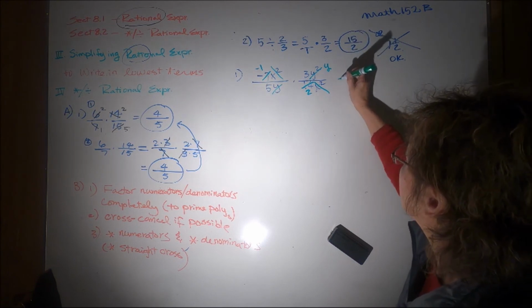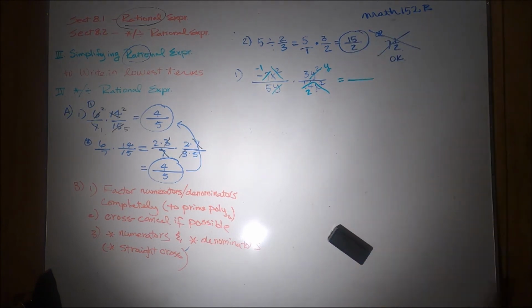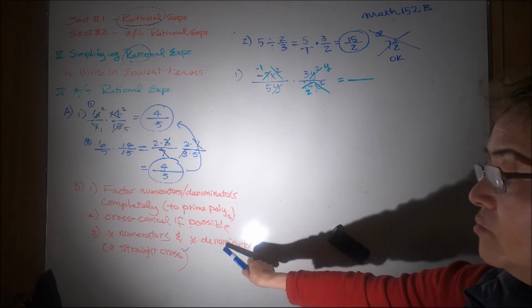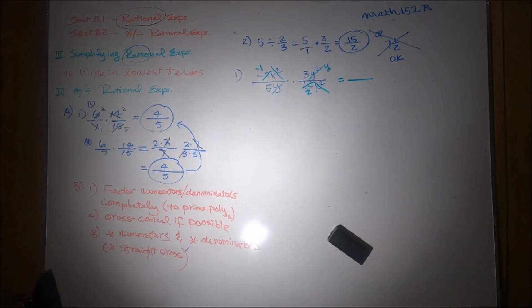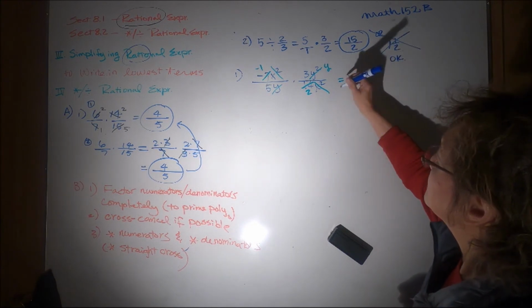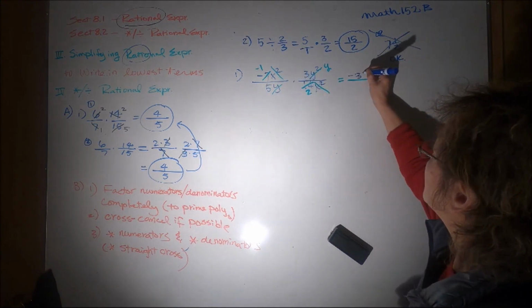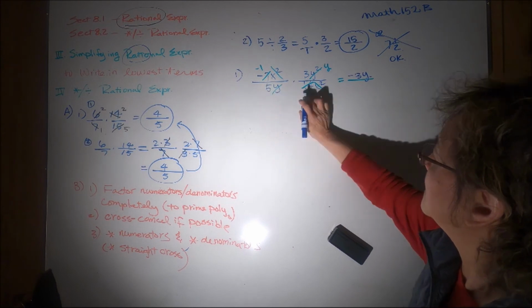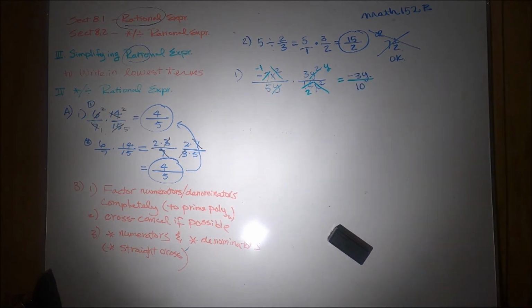You have 1y left. So you cross-canceled everything you can. And after that, you multiply straight across, right? So that would be 3y, right? Here would be 5 and 2. That would be 10.